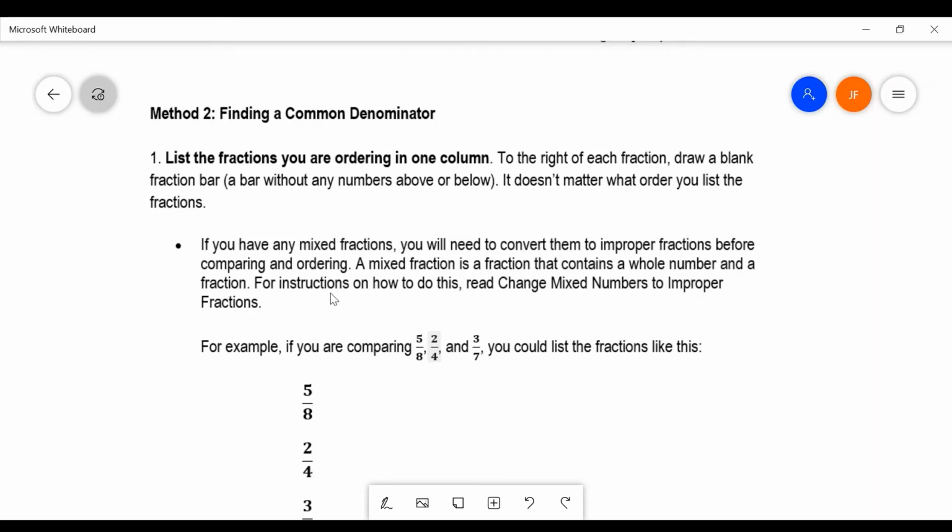For instructions on how to do this, read change mixed numbers to improper fractions, or you can use any references for this method. Perhaps you can search the internet. Now, proceeding. For example, if you're comparing 5/8, 2/4, and 3/7, you can list the fractions like this.